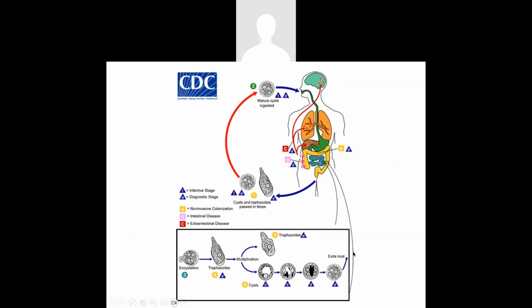Then the cyst exits from the host body and goes to infect a new host body, and so on. The diagnosis is done by detection of the trophozoite or cyst inside the human body.